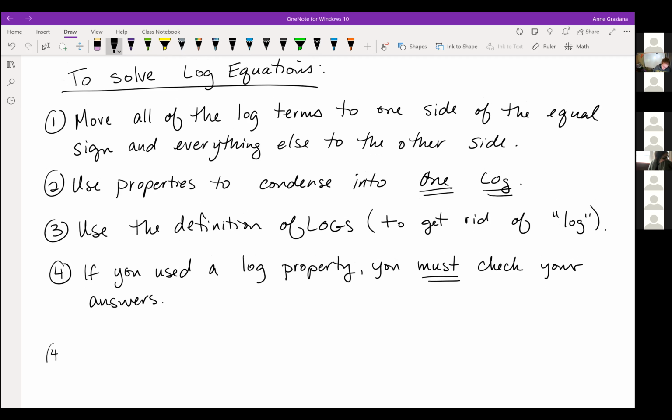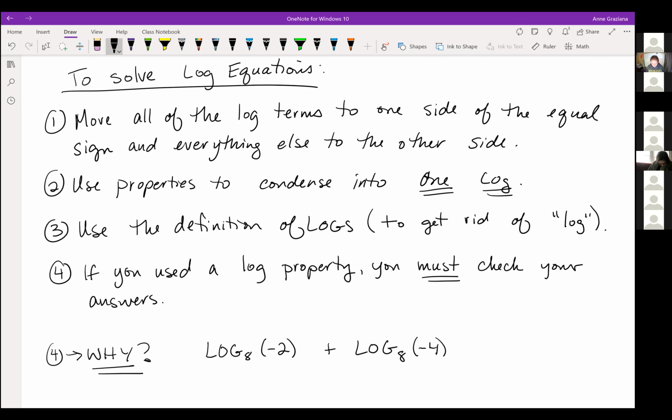So for number 4, here's why. Why is this important to check? Let me just show you something simple with numbers, okay? If I took something like this, log base 8 of negative 2, and I added log base 8 of negative 4.